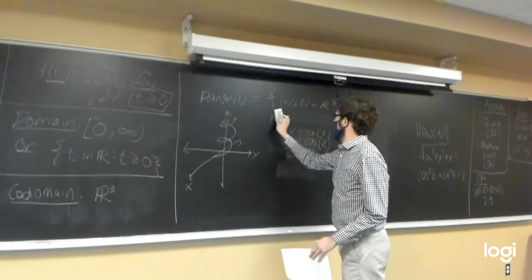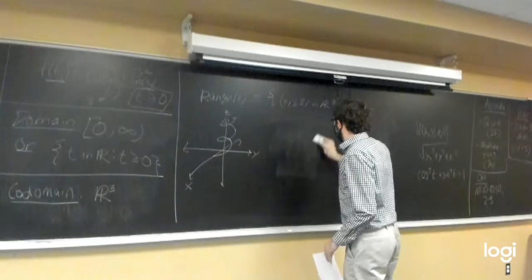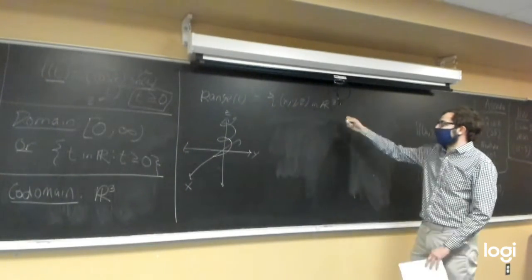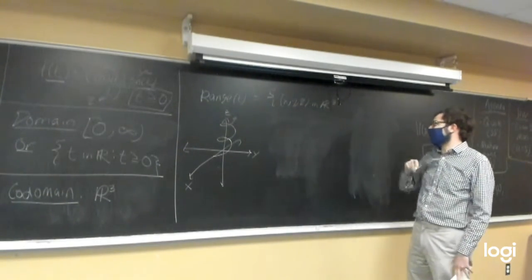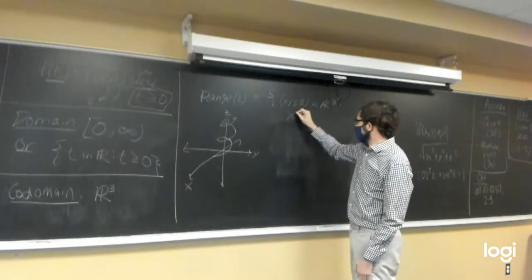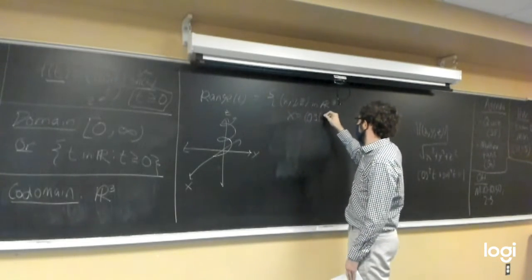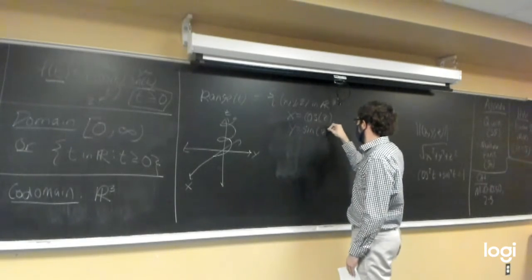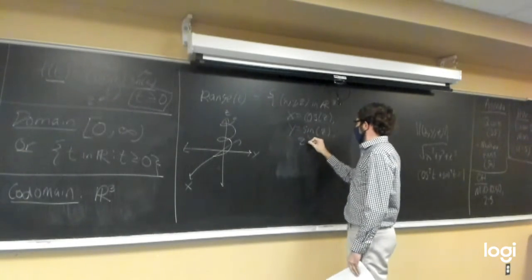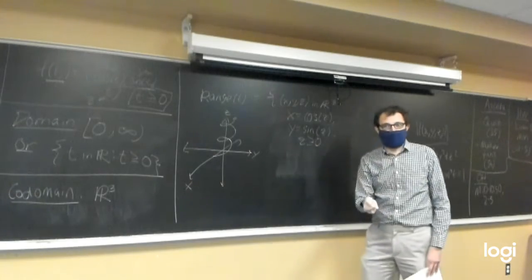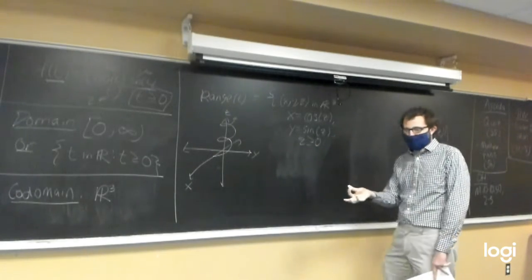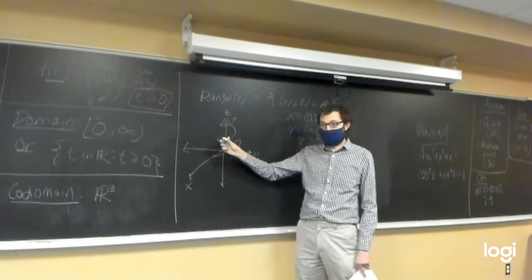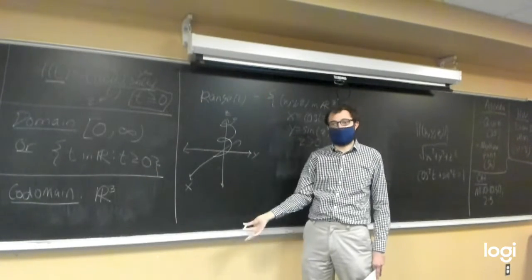So I think this is going to be our final answer for the range. It's going to be the set of all vectors x, y, z in R3, where x is equal to cosine of z, y is equal to sine of z, and z has to be greater than or equal to 0. I like that, Tim. I think we still need to have that just to make sure the spiral doesn't go up forever instead of down forever as well.